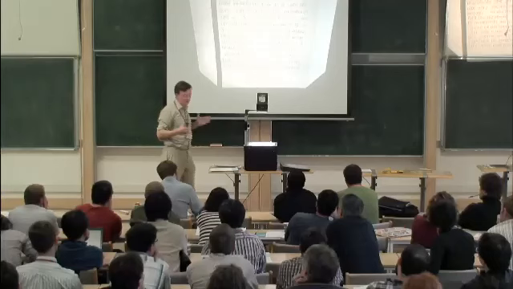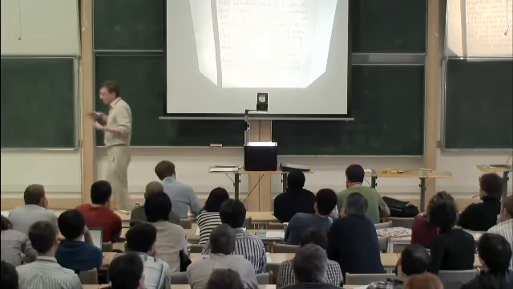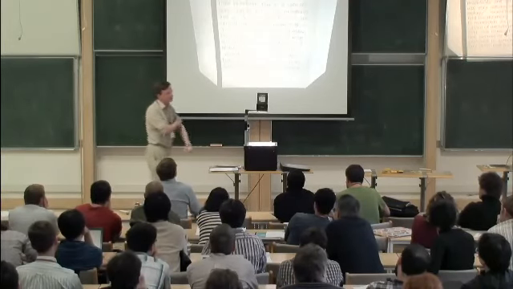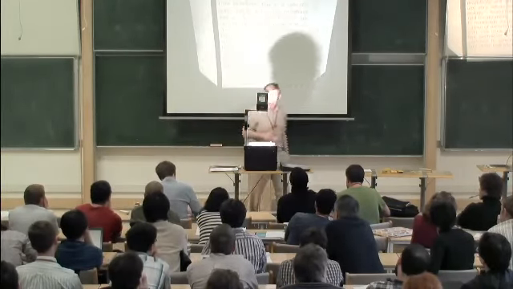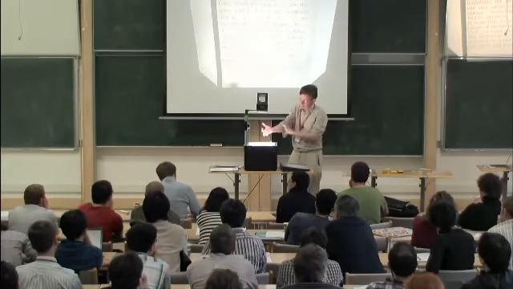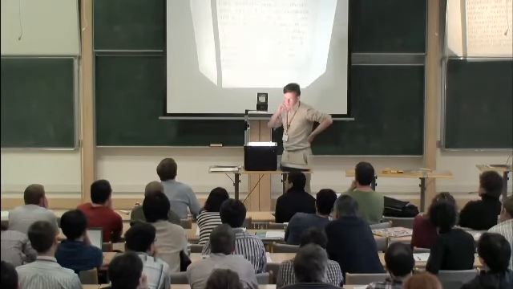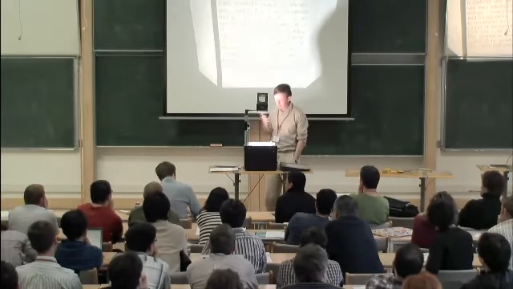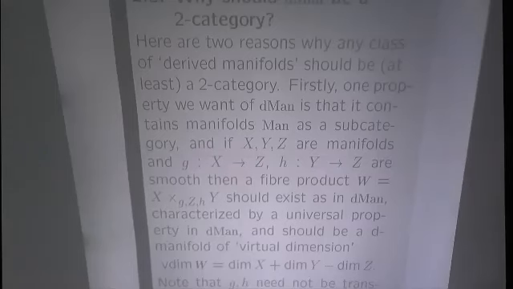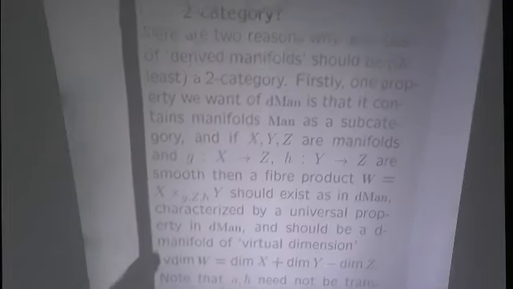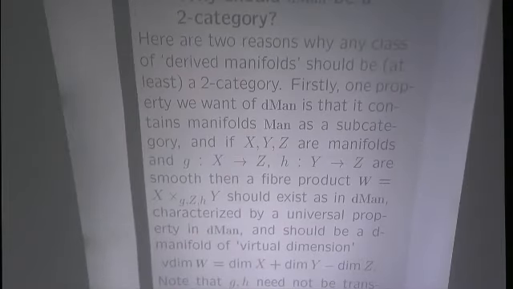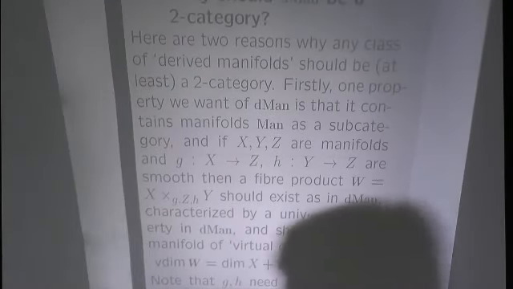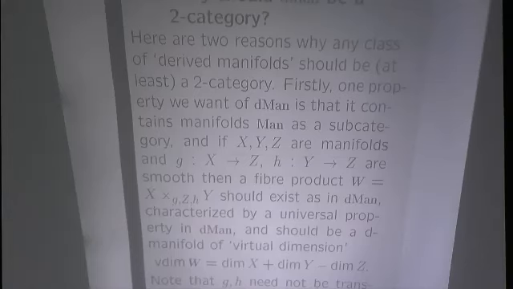But if the submanifolds are tangent to each other, intersecting non-transversely, then the intersection might be some horrible subset, a fractal or something. You can get very weird subsets as intersections of submanifolds, but nonetheless we want this to be in some sense a derived submanifold.